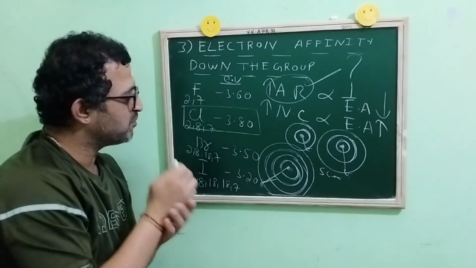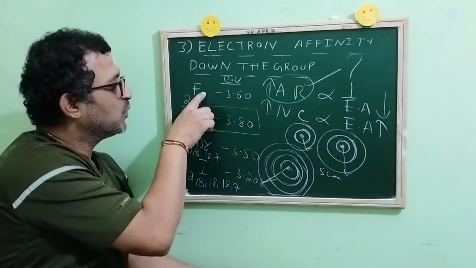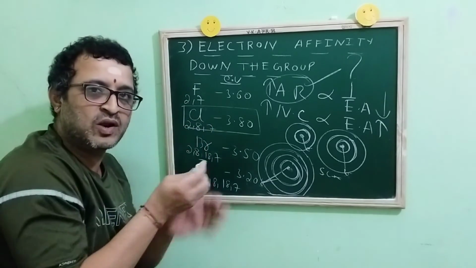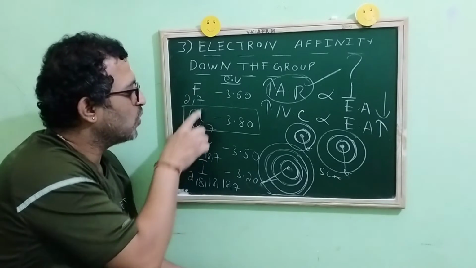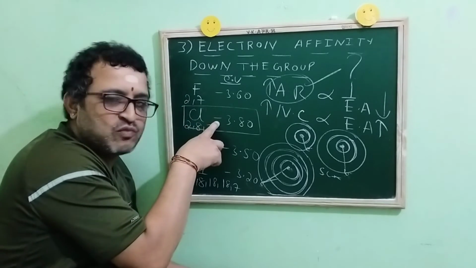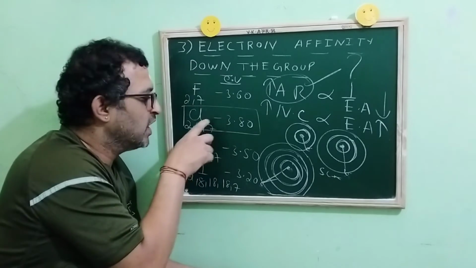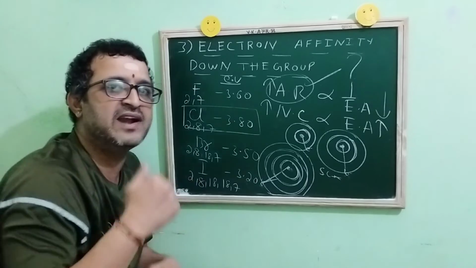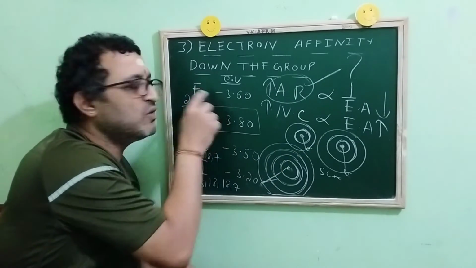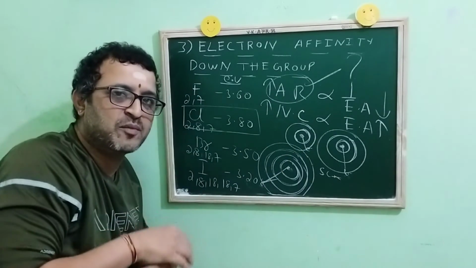Sir, actually there is some problem, I believe. When you compare fluorine and chlorine, chlorine is the bigger atom. These values clearly suggest that chlorine is accepting the electron more readily and releasing more energy when compared to fluorine. Actually, it should have been the other way, no?